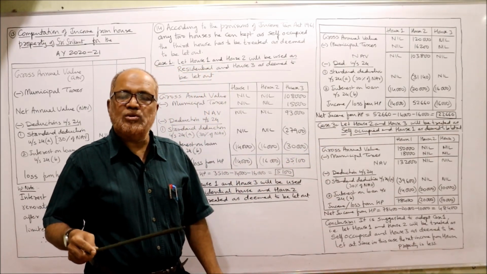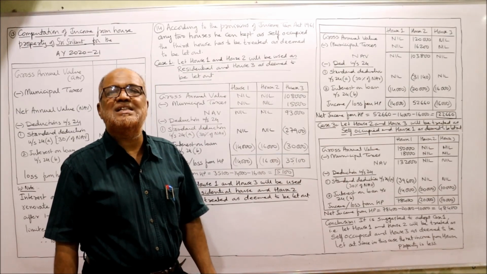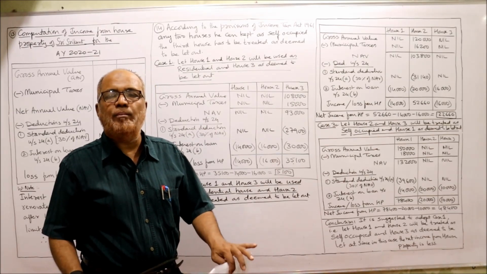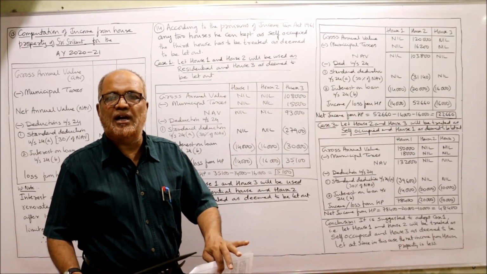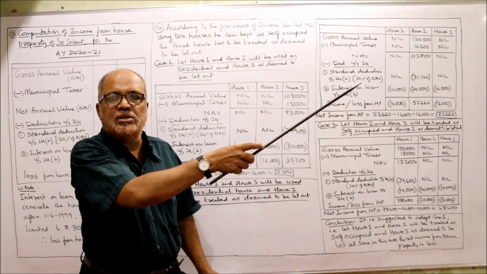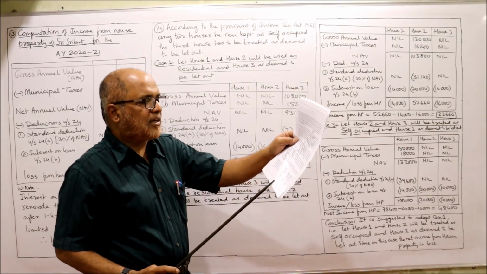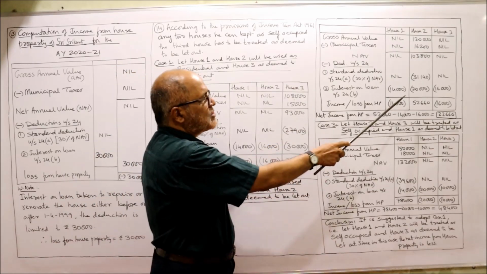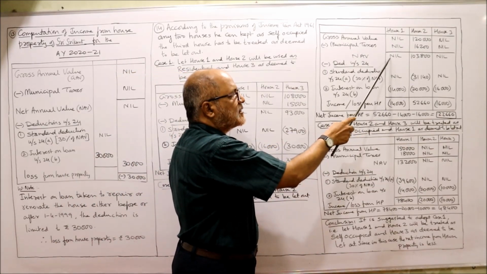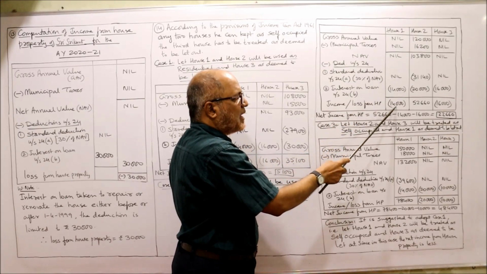Now 30,000 minus 14,000, 16,000 is left. So maximum 16,000 deduction we can give for house number 3. Second house interest on loan is 20,000.